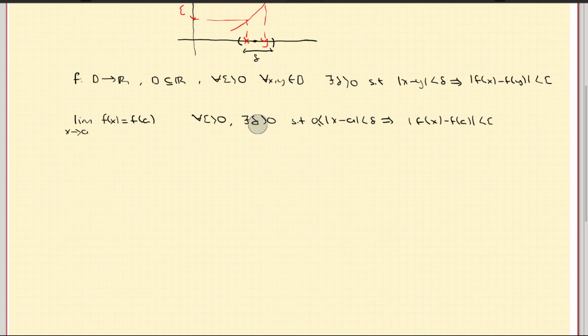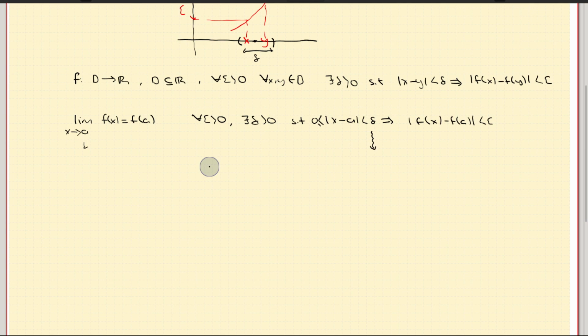In uniform continuity, we have a delta that works at any point a, right? At any point a, we can find a delta. It will work at any point a where f is continuous. But in ordinary continuity, at different points we may need different deltas, right?